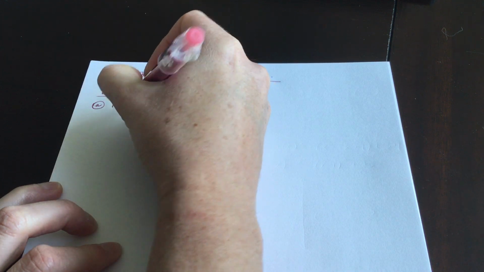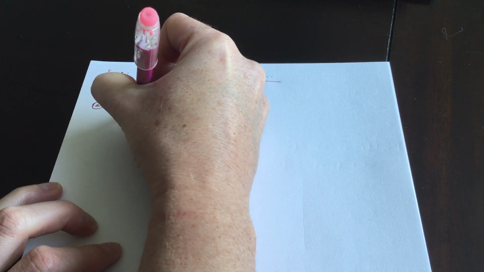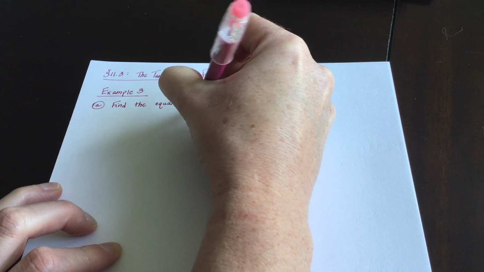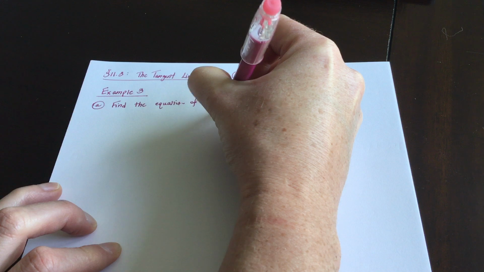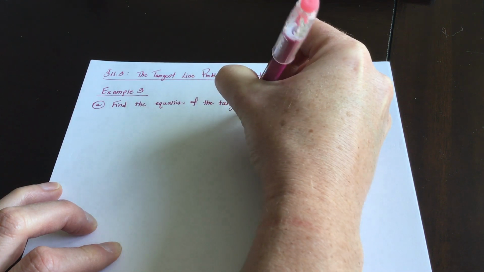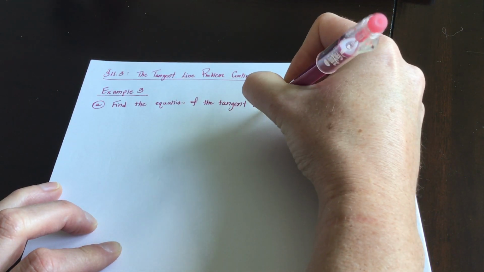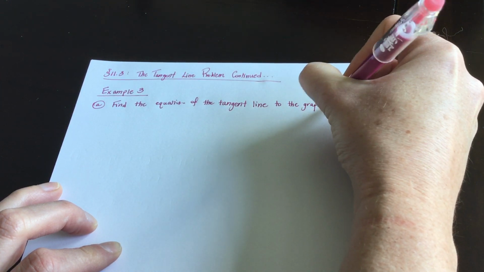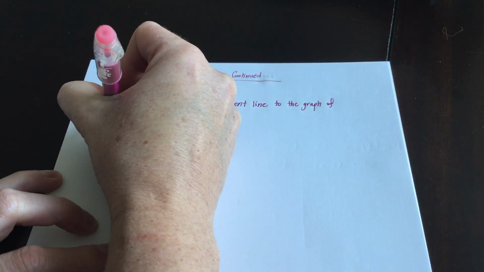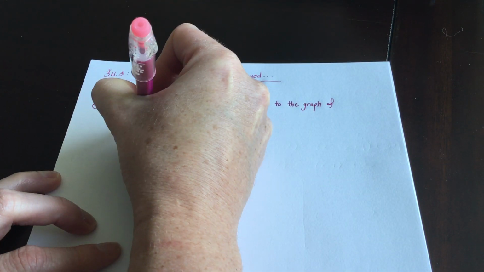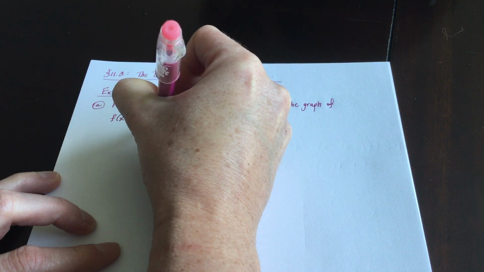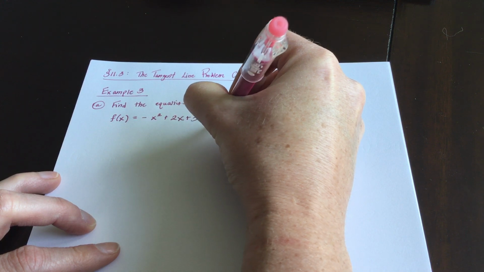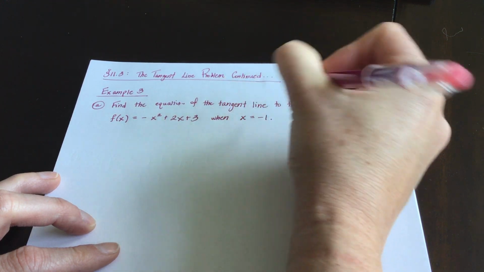So for example 3, part A, let's have you find the equation of the tangent line to the graph of f of x equaling negative x squared plus 2x plus 3 when x equals negative 1.